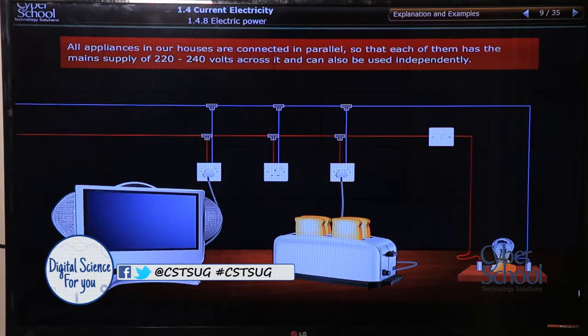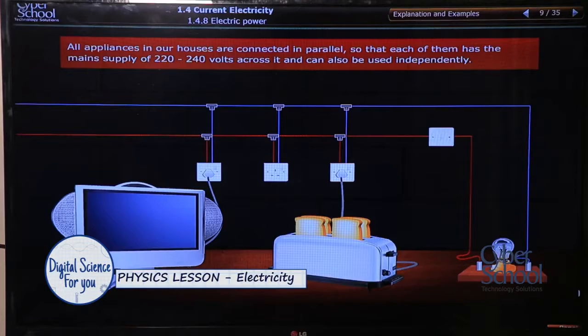That is the message I would like us to get today, that when the house is being wired, the sockets all have the same voltage, meaning in our mind we should remember that this connection is called a parallel connection. The lights must have the same current passing through them. The lights, the bulbs in the house, same current passing through them.